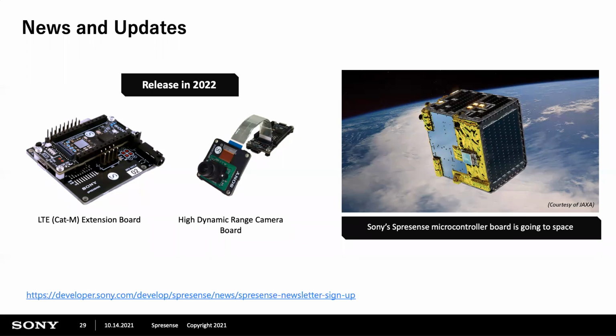Yes. Perfect. The other person just rewrote the question. It says, does the ML interface on Spresense make use of all the 6 cores, or is it just running on one core? Yes, currently for TensorFlow, it's only using one core, the main core.